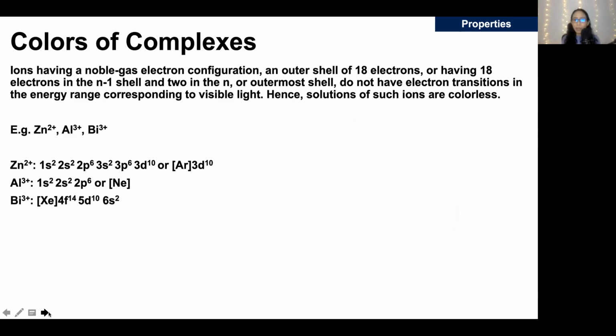Okay. But first, class, we have to be aware, we have to recognize that there are some complexes that might not have any color.